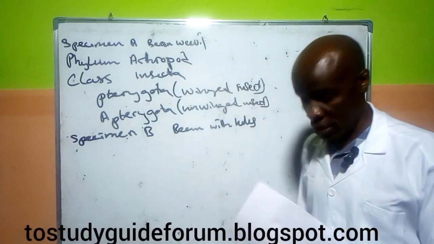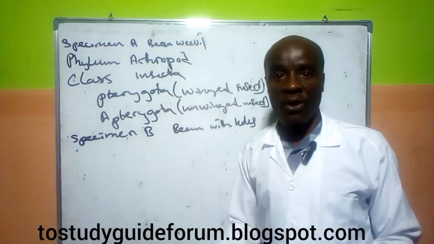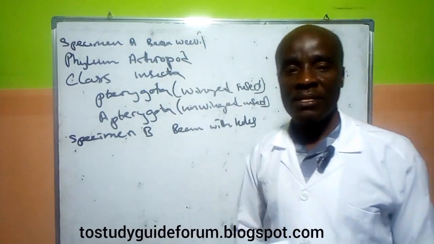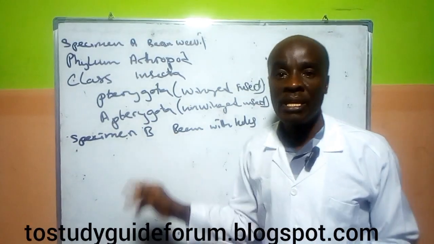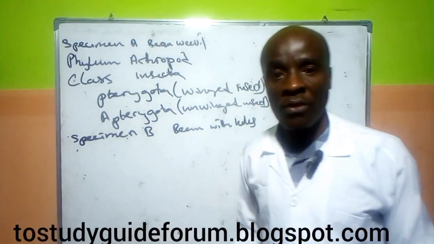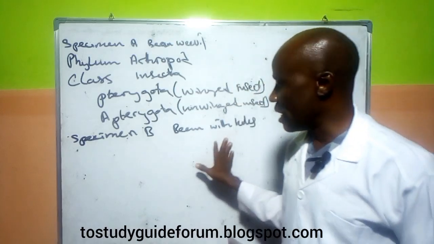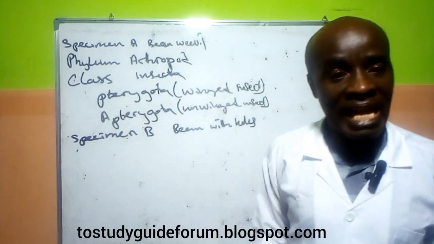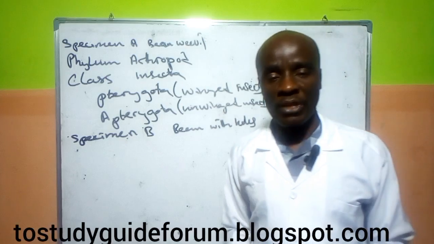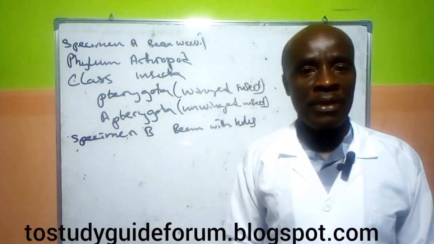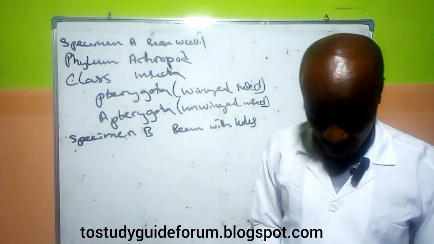This is as a result of the attack of specimen A. The bean weevil normally makes holes in beans, making them non-viable. The viability will be reduced, and then the market value will be reduced, and the same beans will not be very good for the market. That means the owner, perhaps the farmer, might not be able to make good profit from it.